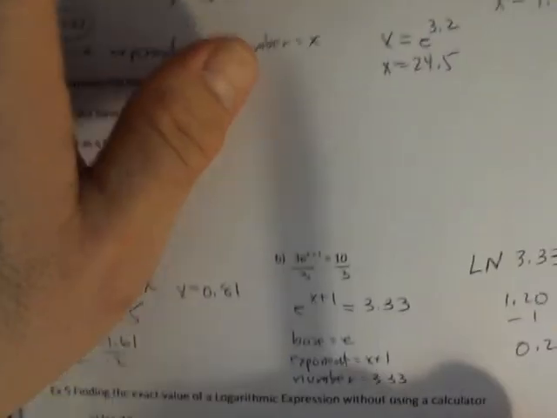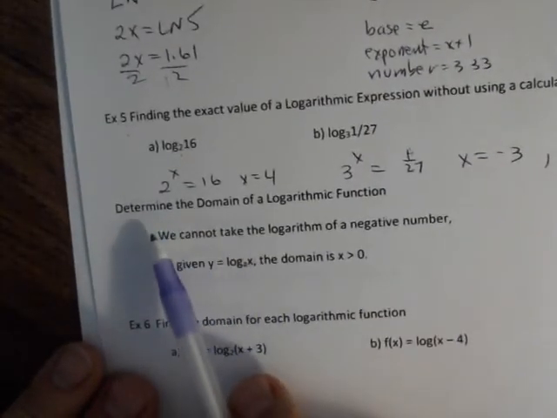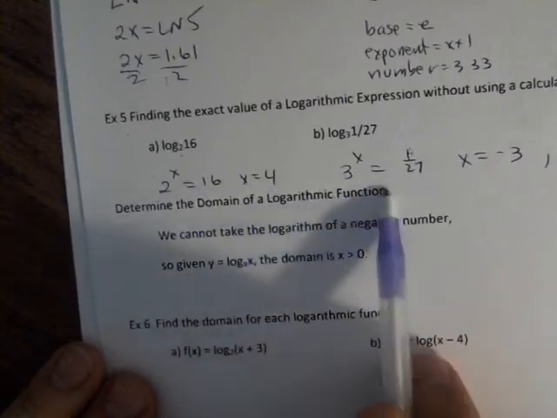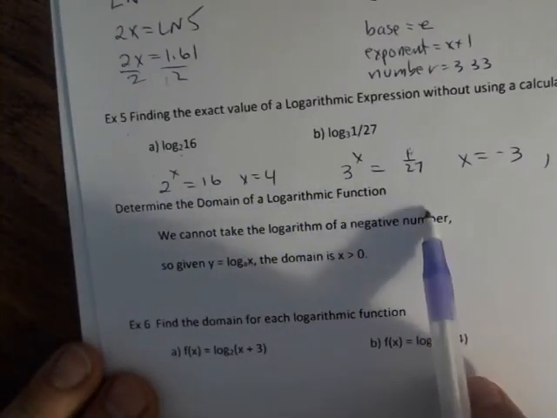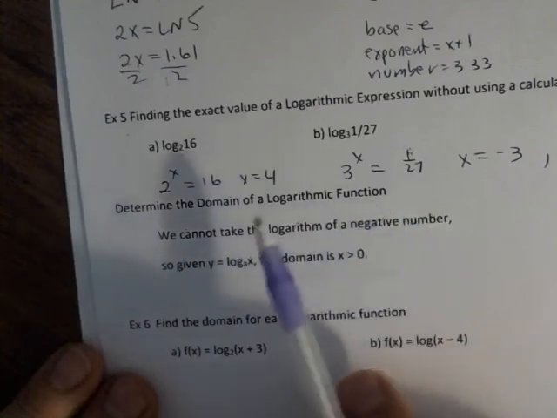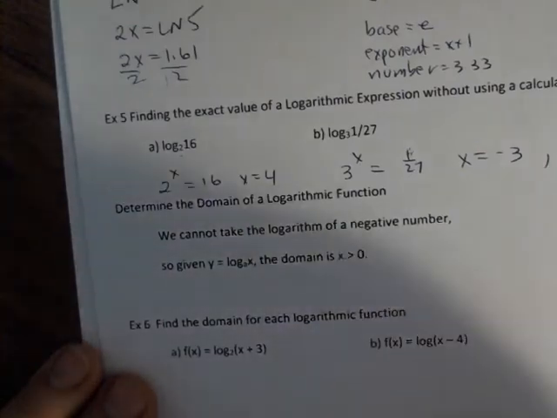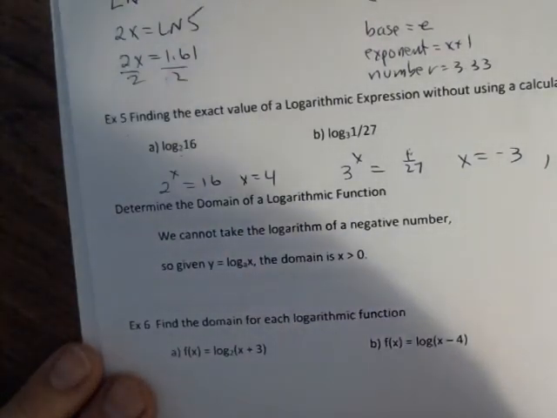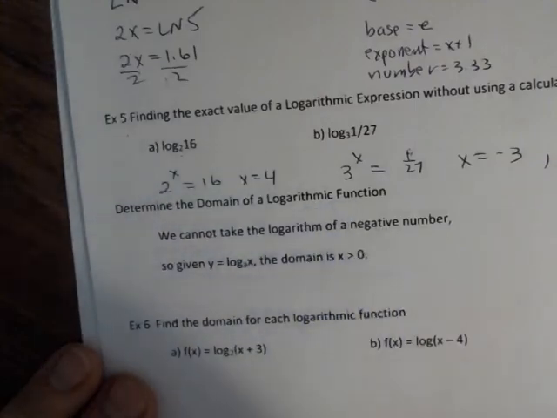Next thing is the D word, the domain. When you think about a logarithm, we cannot take the log of a negative number. Our base is positive. So therefore, there's no way that you can take any positive base to a positive or negative power to equal a negative number.